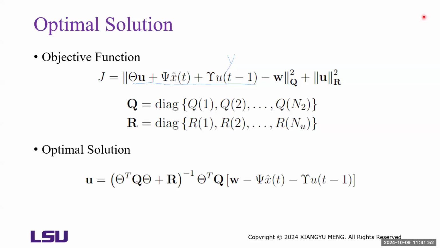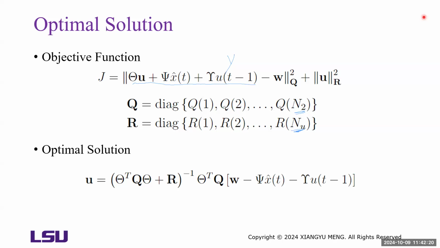At the same time, we want to minimize the control effort. So the Q here is a block diagonal matrix from Q1, Q2 to Qn2. Then for delta U, over the control horizon, it is R1, R2 until RNU. So N2 is the prediction horizon and NU is the control horizon.